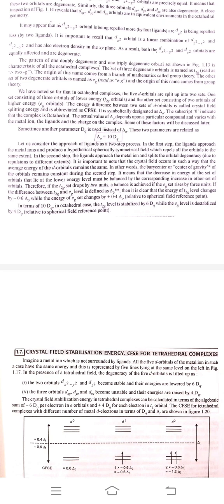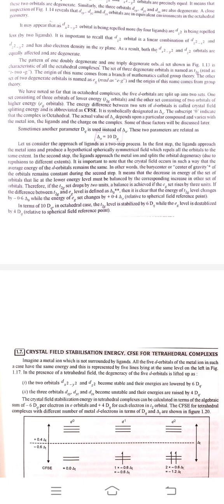Let's consider the approach of ligands as a two-step process. In the first step, the ligands approach the metal ion and produce a hypothetical spherically symmetrical field which repels all the orbitals to the same extent.